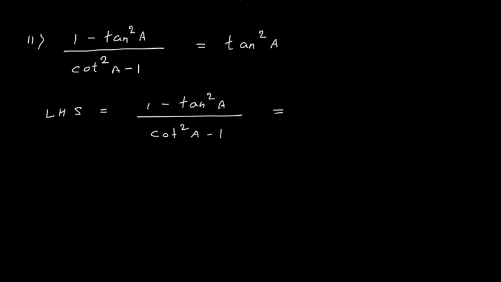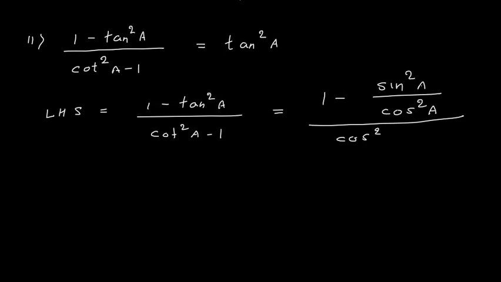So better I will say that 1 minus tan square A will become 1 minus sin square A upon cos square A, and in the denominator this cot square A is cos square A upon sin square A, minus 1.